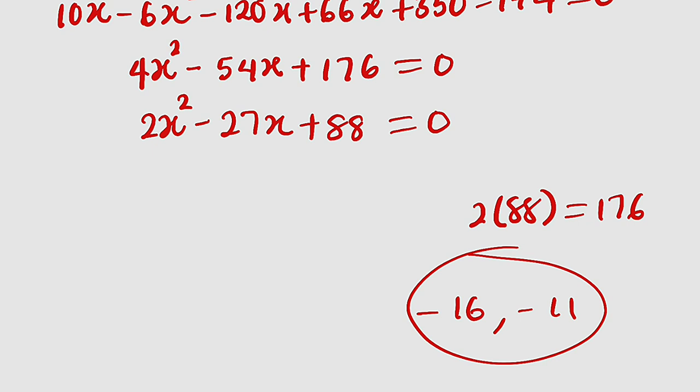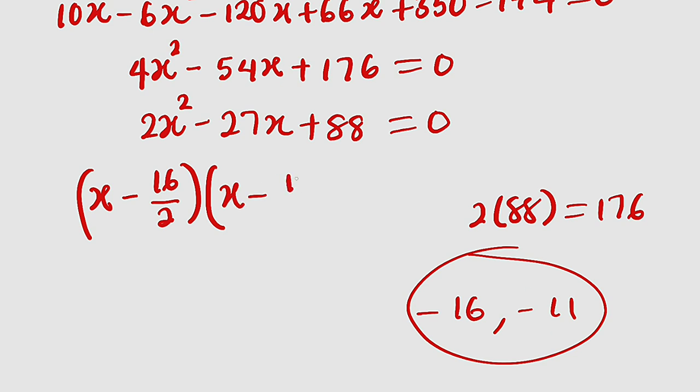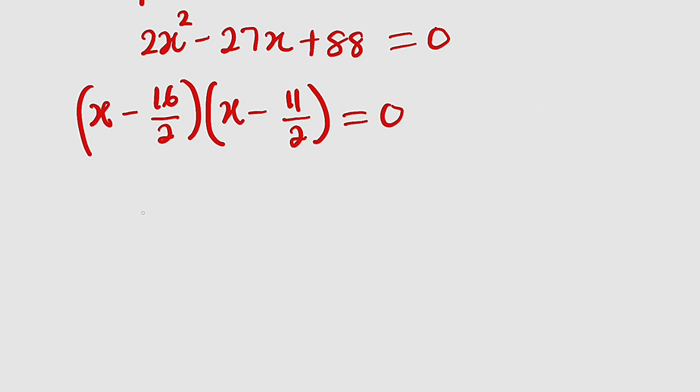So how can we factorize it? We're going to take x minus the first one here, which is negative 16. But make sure to divide by the leading coefficient, which is 2. Multiply by x, then the second one minus 11. Divide by the leading coefficient, and everything will be equal to 0. This implies that either x minus 16 divided by 2 is 8, right?